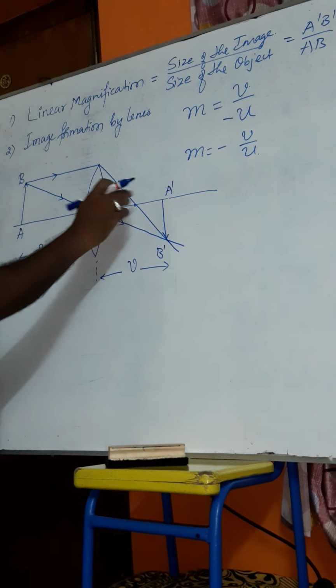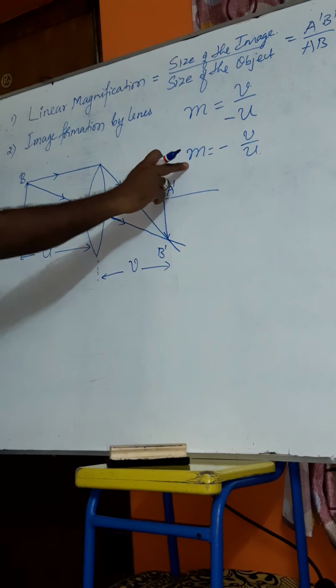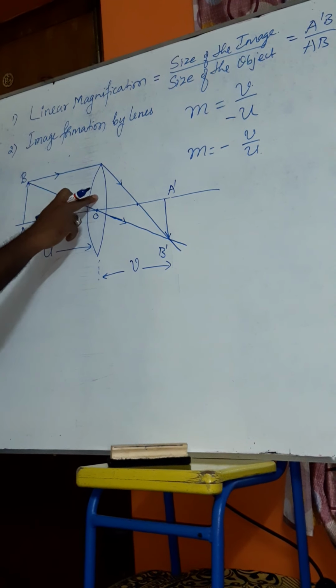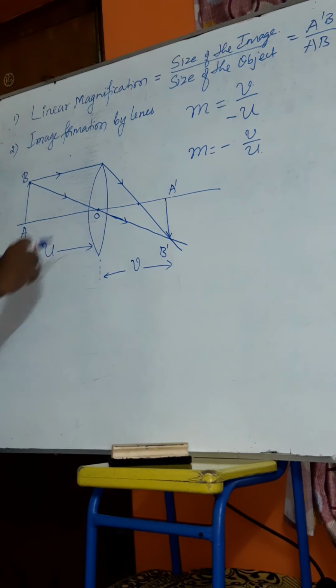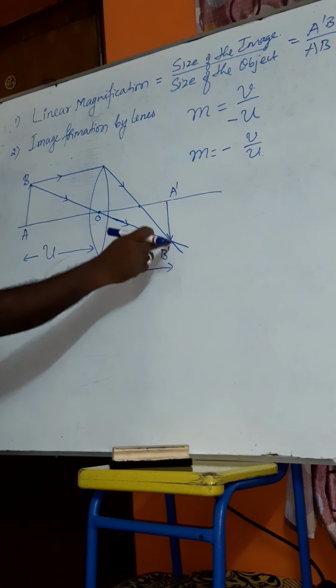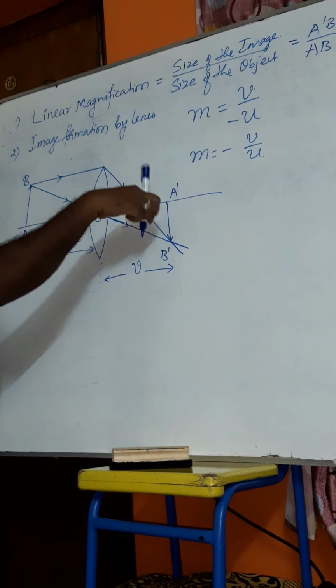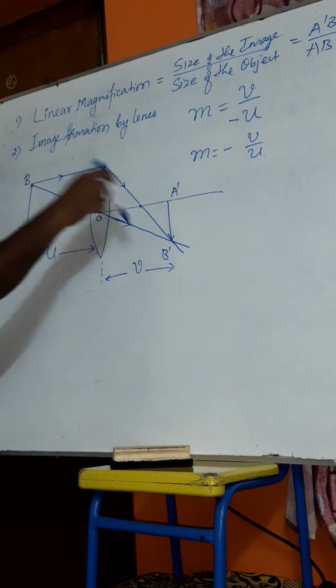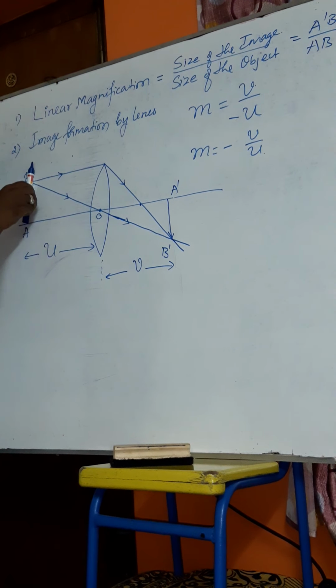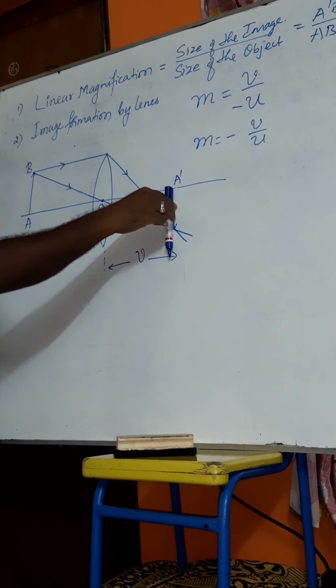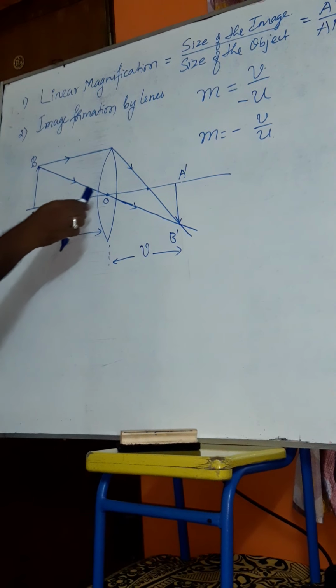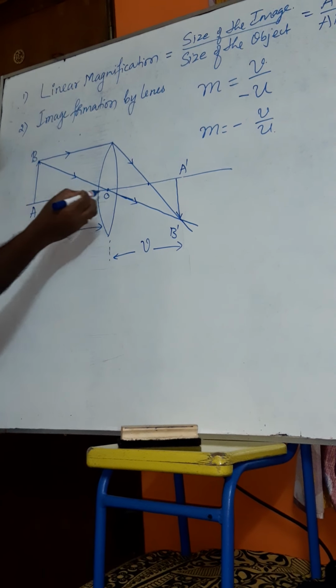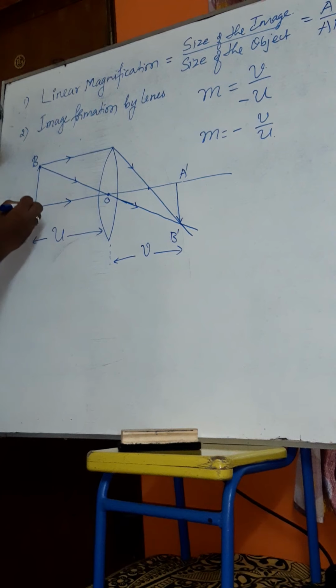So this is the linear magnification formula for a convex lens producing a real image. Since real images are always inverted, according to sign convention, if it is in the upward direction, positive sign. If it is in the downward direction, negative sign. Same thing here also. Opposite to the direction of the incident ray, we are measuring from here to here.